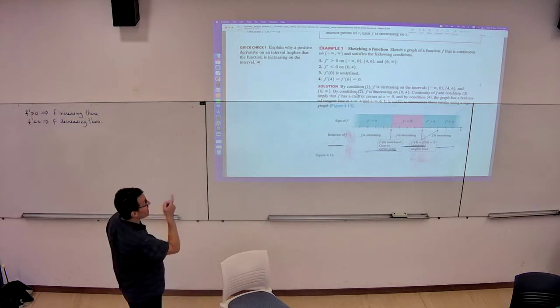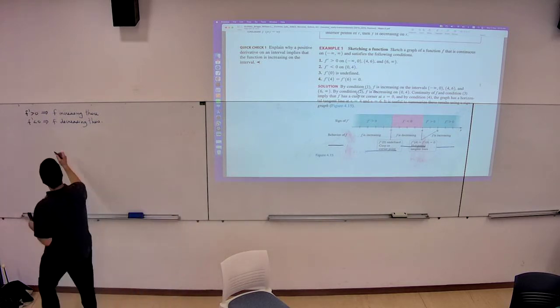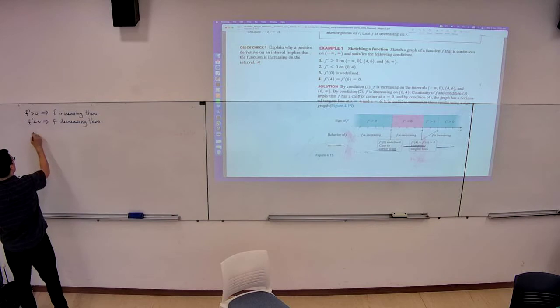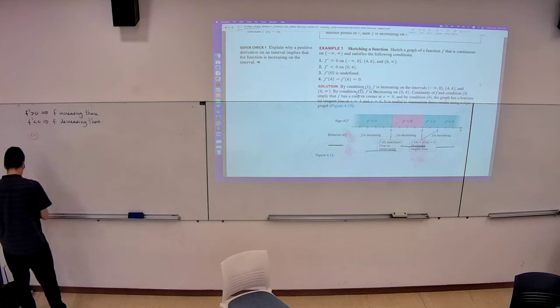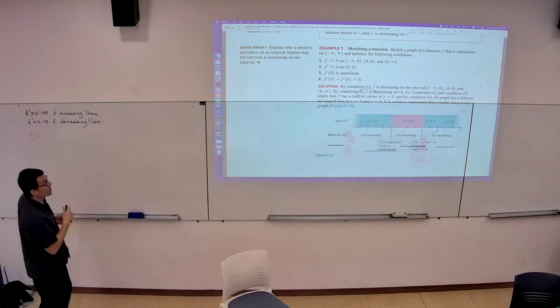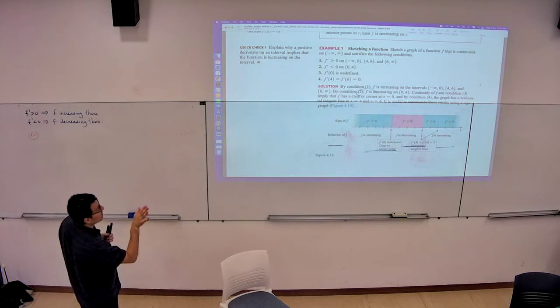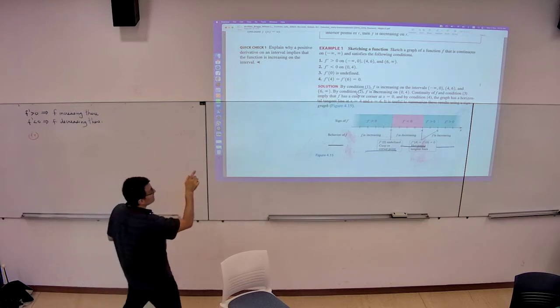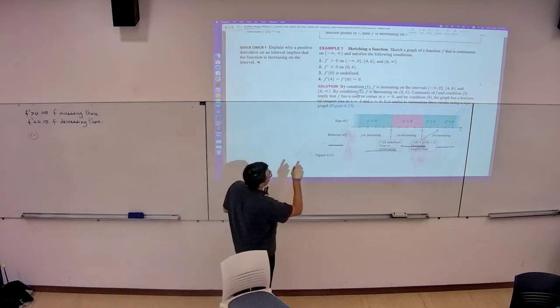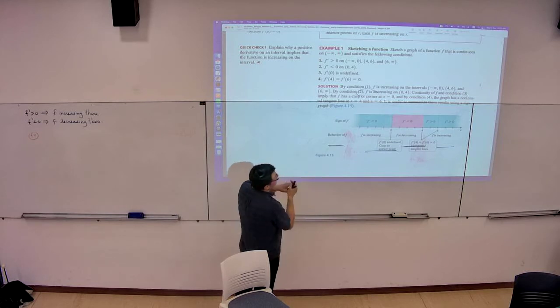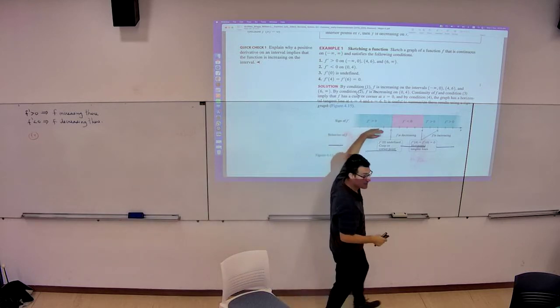Let's check out this example number 1. We are given an interval and a definition of f. So f is continuous on the entire real line.